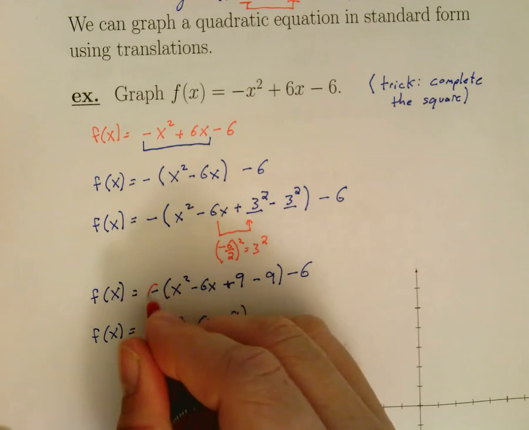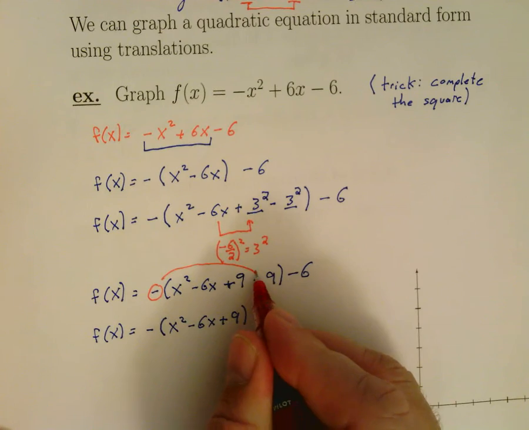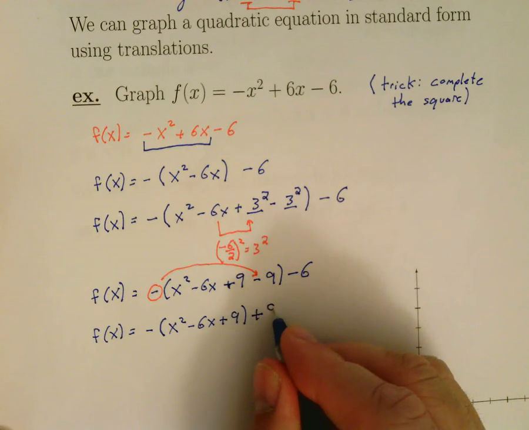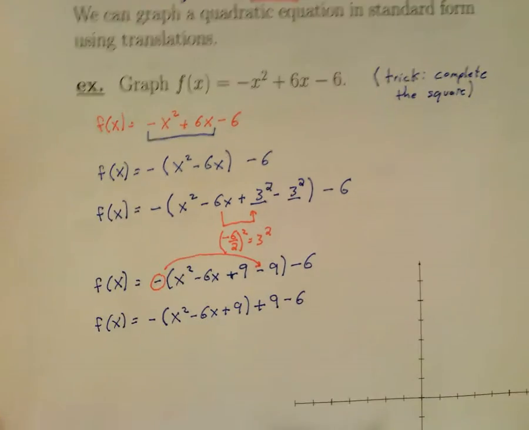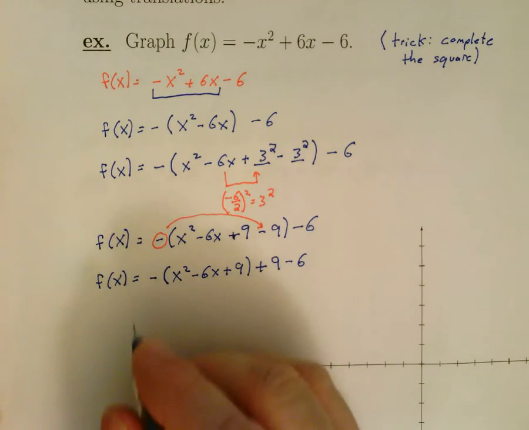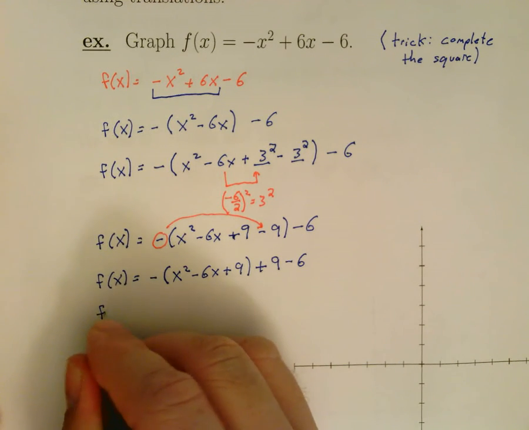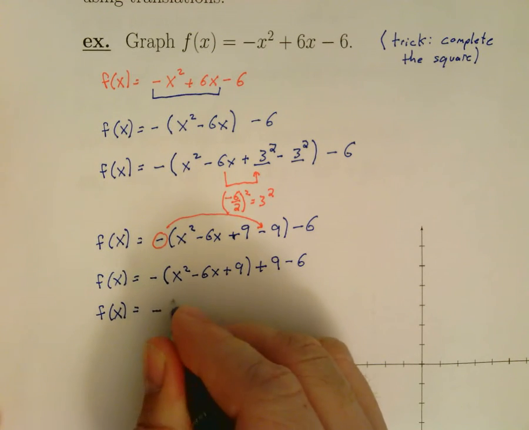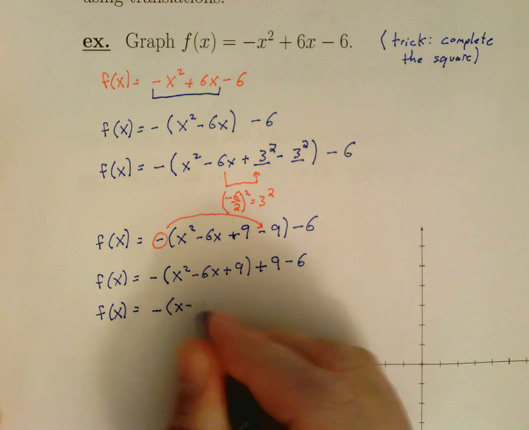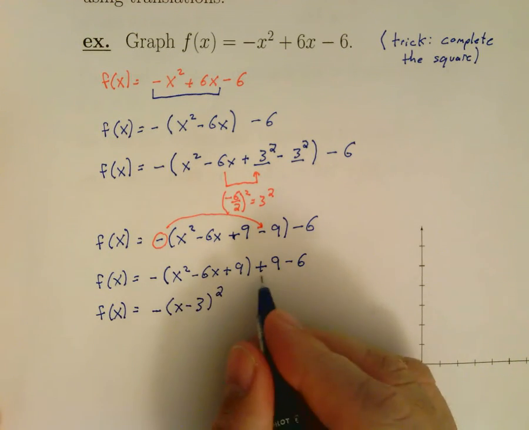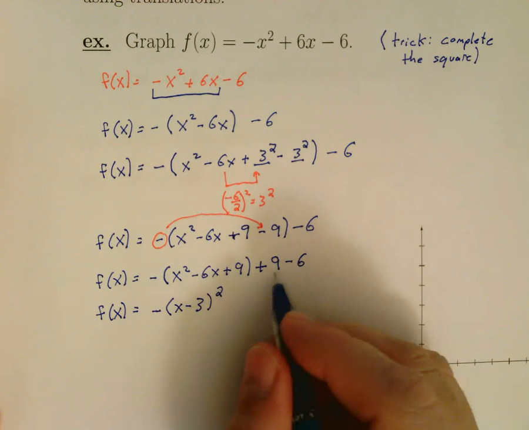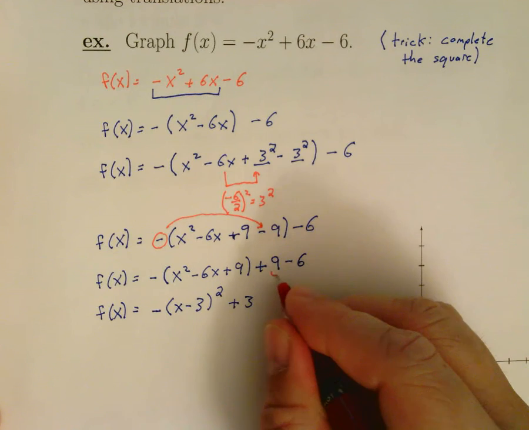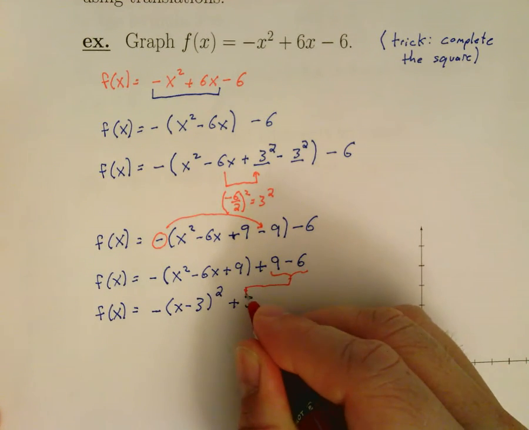Now this is something tricky. You've got to remember that this minus sign, when I pull it out, distributes. So that's going to turn into minus minus, so that turns into the plus 9 minus 6. Next, f of x equals minus, and this factors into (x minus 3) quantity squared, and then these two terms, negative 9 minus 6... sorry, negative 9 plus 6, is just plus 3.